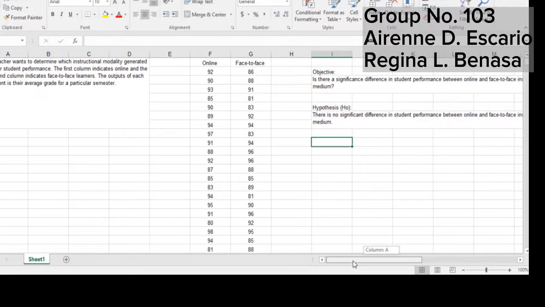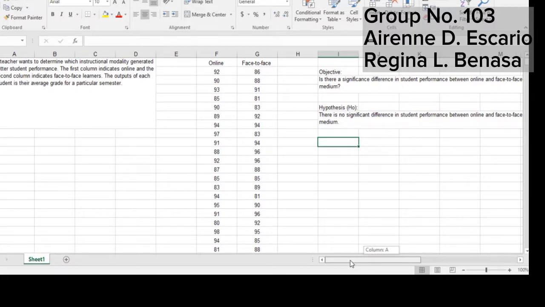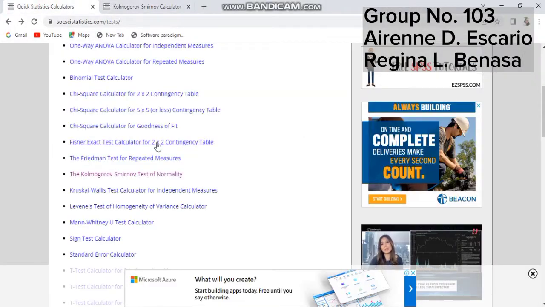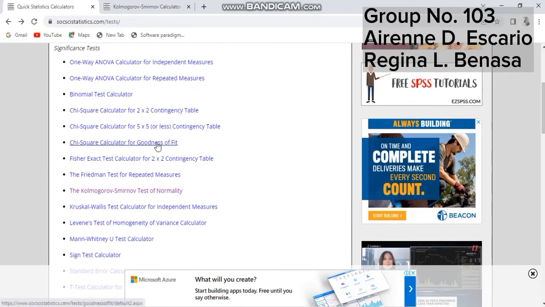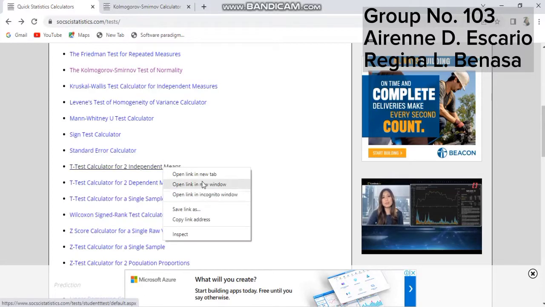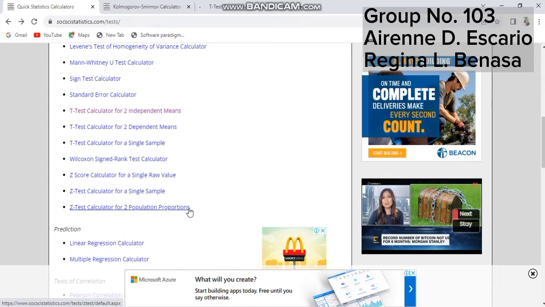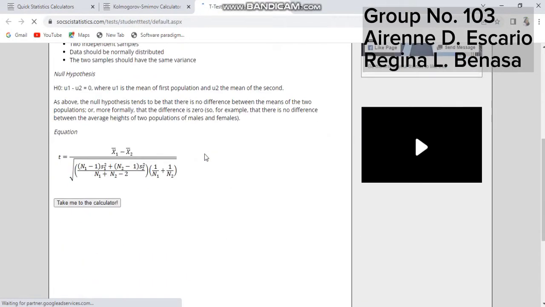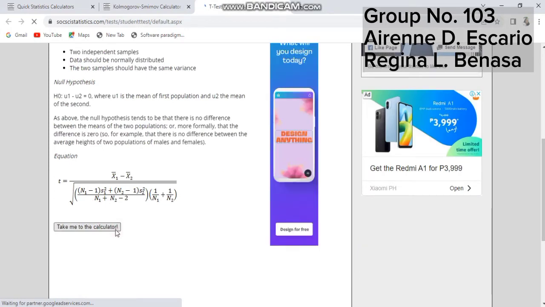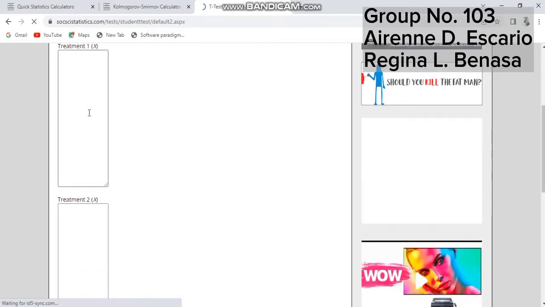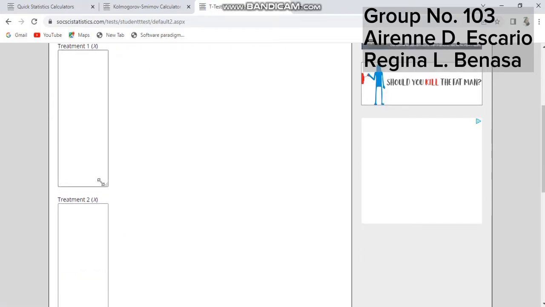To answer our objective, we can utilize the t-test online calculator for independent samples so that we can determine their probability value. So online learners is for treatment number 1 and face-to-face learners is for treatment number 2.